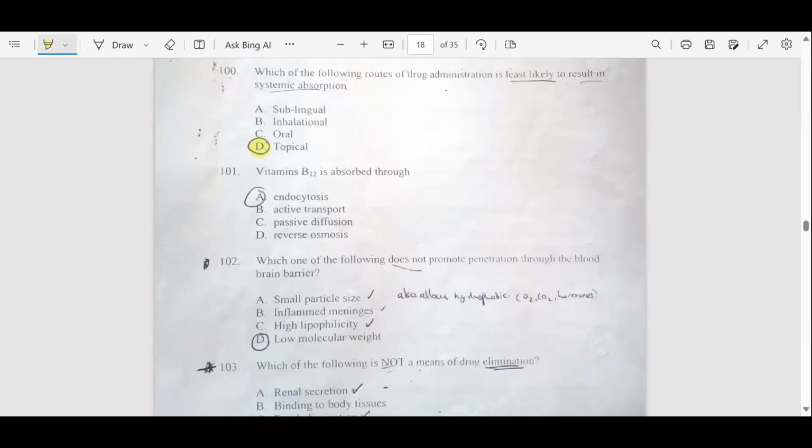Number 101: vitamin B12 is absorbed through endocytosis, active transport, passive diffusion, or reverse osmosis. Vitamin B12 is absorbed through endocytosis.